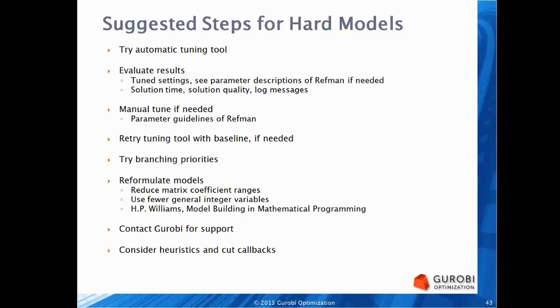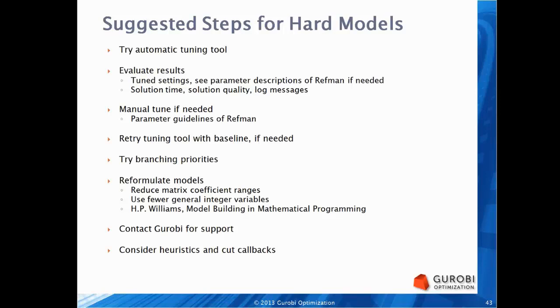If still not, you maybe try branch priority, and most likely it may not help, but it won't hurt to try. If there is still an issue, then you may need to reformulate the model. For example, look at the matrix coefficient range, reduce it, and use fewer general integer variables.